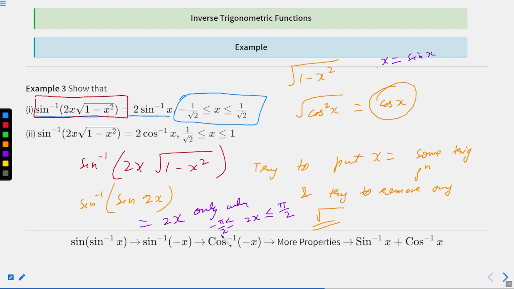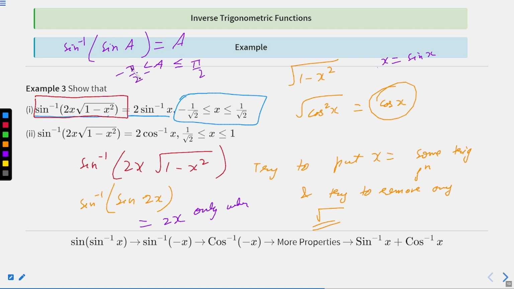If you recall, sine inverse of sine a is equal to a only when a is in the closed interval minus pi by 2 to pi by 2.